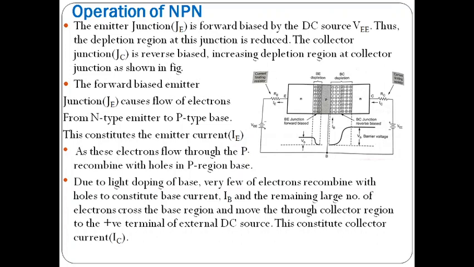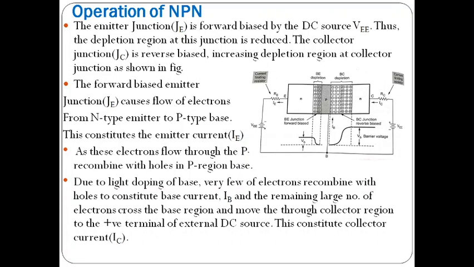Here the width of the base region is very small compared to the diffusion length of the electrons. If the diffusion length of the electron were small, then more electrons would recombine in the base only.